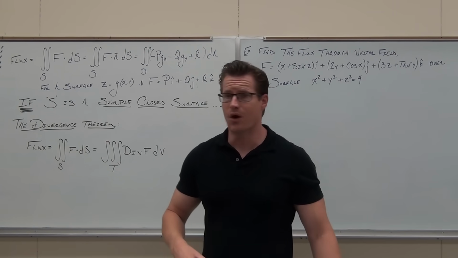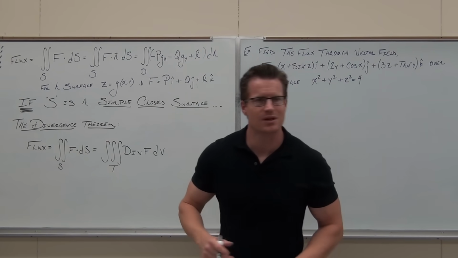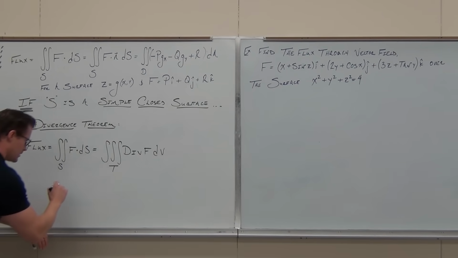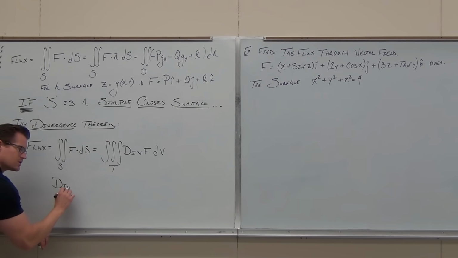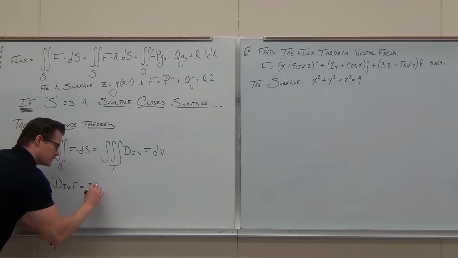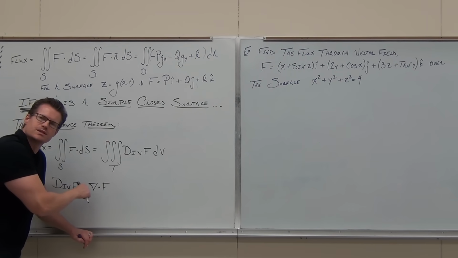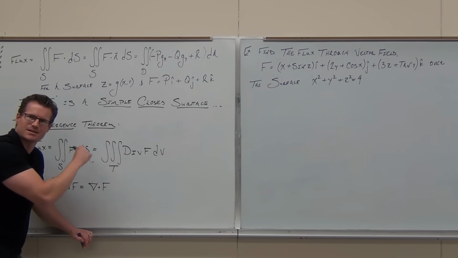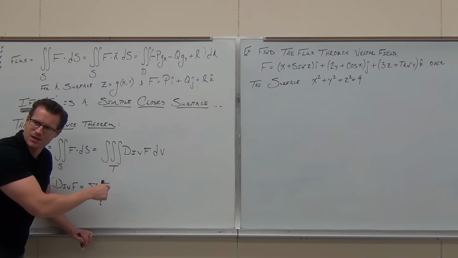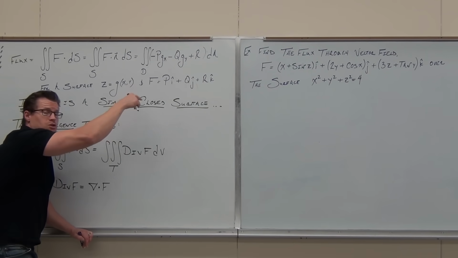Is it hard? No. You do got to remember what divergence is. So if you're drawing a blank, the divergence of a vector field is del dot F. Del was this idea of the partial derivative with respect to x, then y, then z, added up. And then F is this PQR.